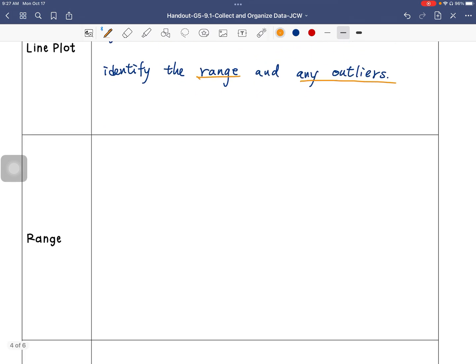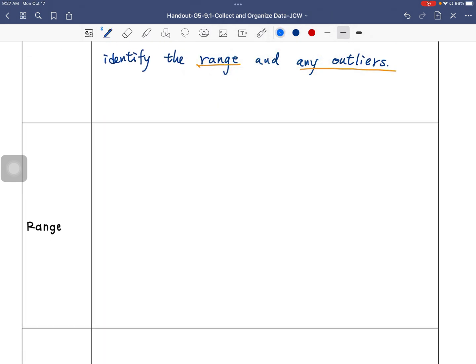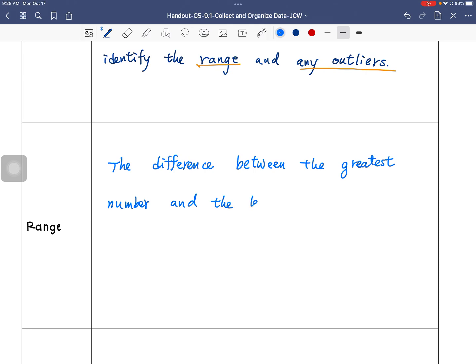So then what is the range? The range is the difference between the greatest number and the least number in a set of data.